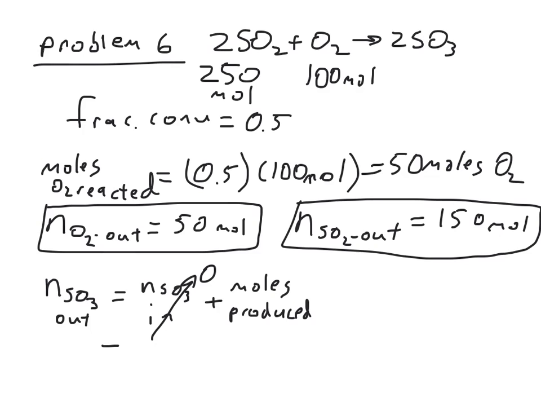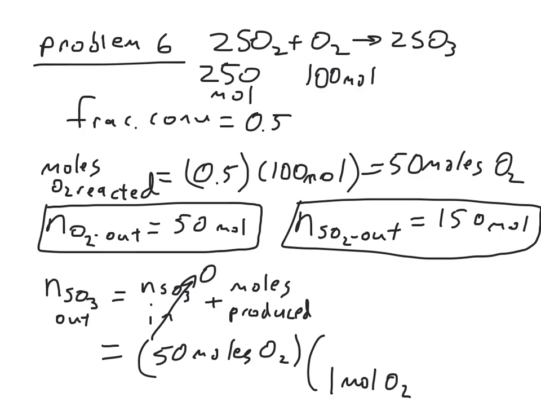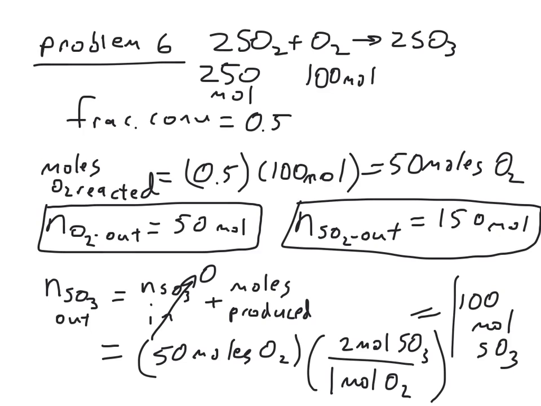And we can use a similar setup to what we did to solve for these two. That is equal to 50 moles of O2 times 2 moles SO3 per 1 mole O2, which tells us that we're producing 100 moles SO3.